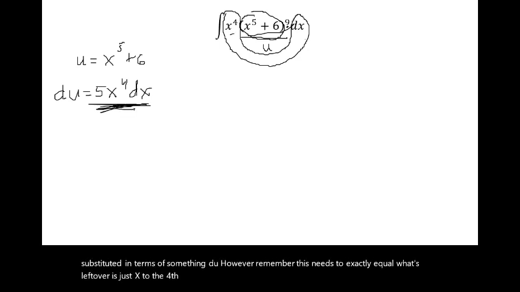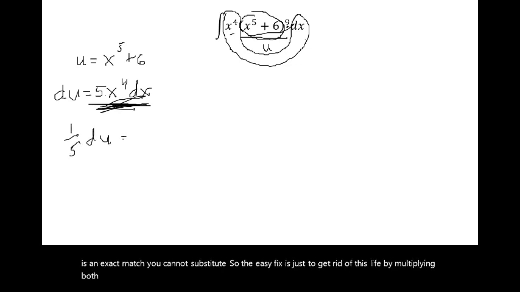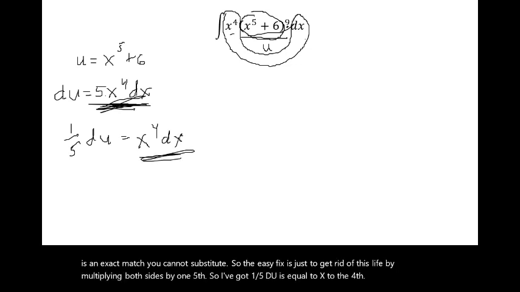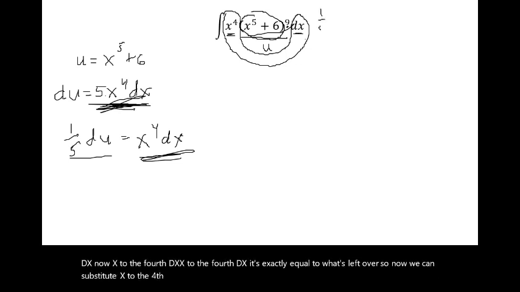But this is a 5x to the 4th dx, and unless this is an exact match, you cannot substitute. So the easy fix is just to get rid of this 5 by multiplying both sides by 1/5. So I've got 1/5 du is equal to x to the 4th dx. Now x to the 4th dx is exactly equal to what's left over, so now we can substitute x to the 4th dx with 1/5 du.